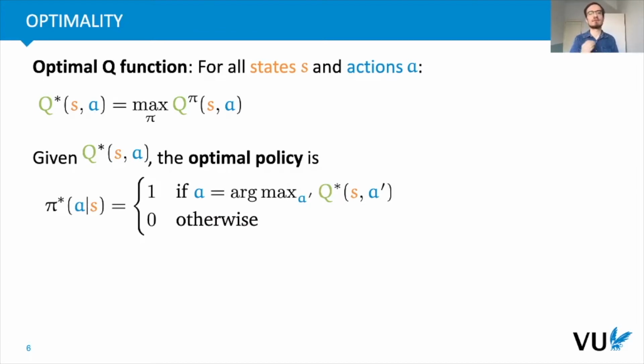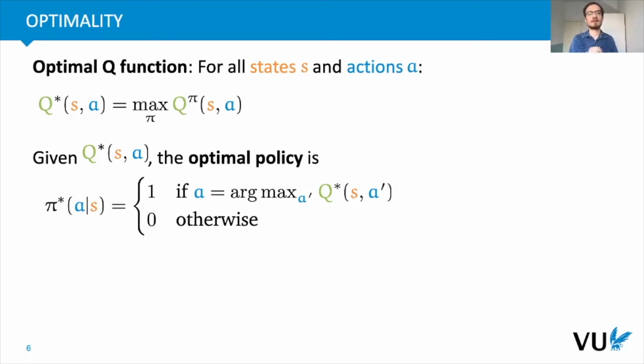And given this optimal Q function, we can also, the other way around, derive the optimal policy. Because if we know the best expected value that we can get in a state given an action, then we can very easily derive a policy from that.